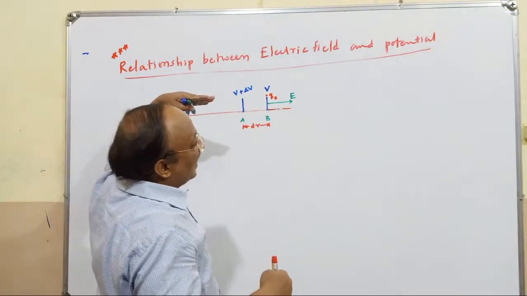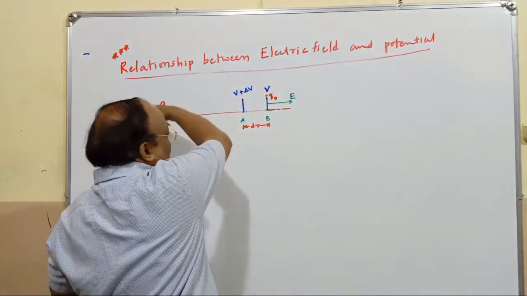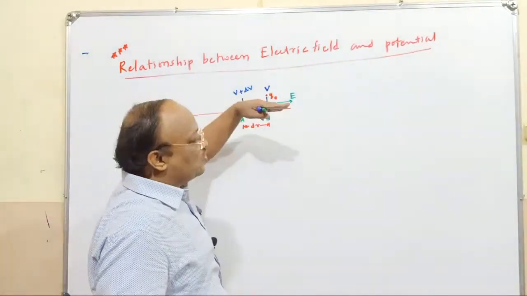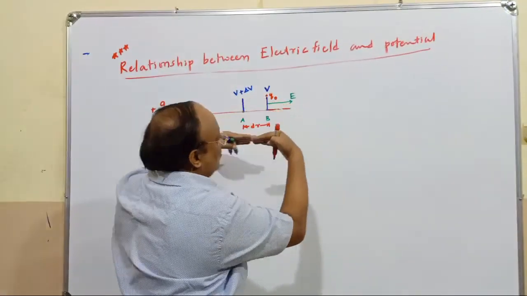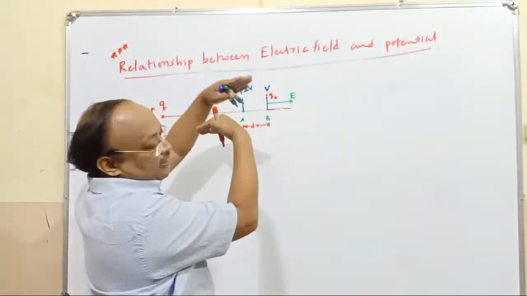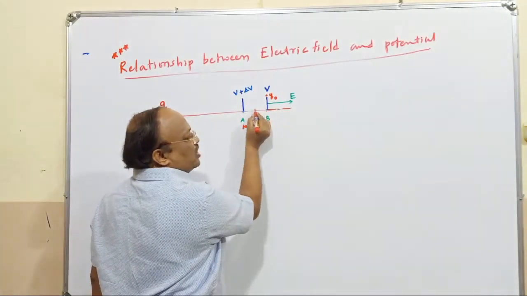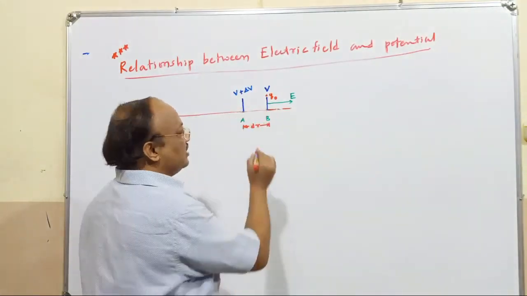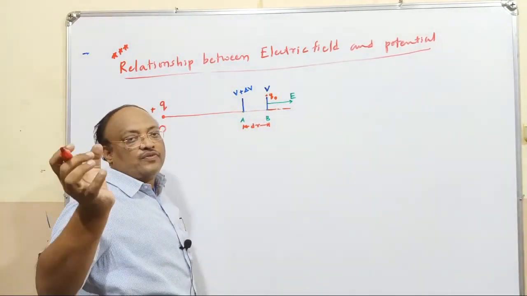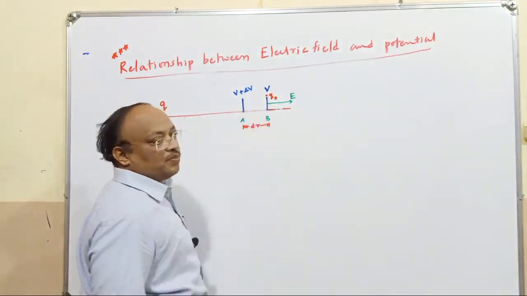So the electrostatic force due to repulsion must be equal to the external force you are applying, so that this test charge, without any acceleration, moves with uniform velocity from this point to this point.